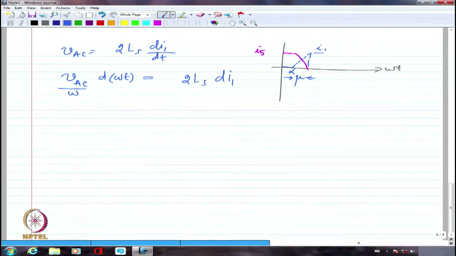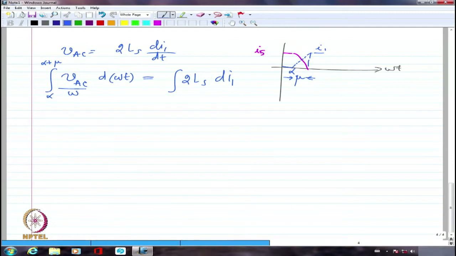So let me integrate this from alpha to alpha plus mu. And let me integrate this also from alpha to alpha plus mu, but my limit is I1, so I better say it is going from 0 to ID.